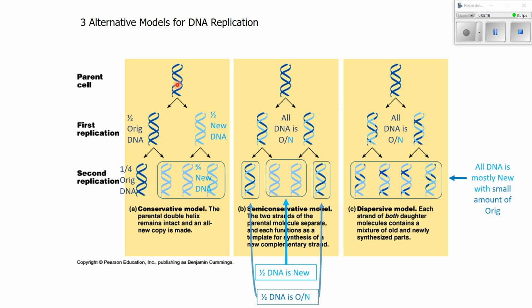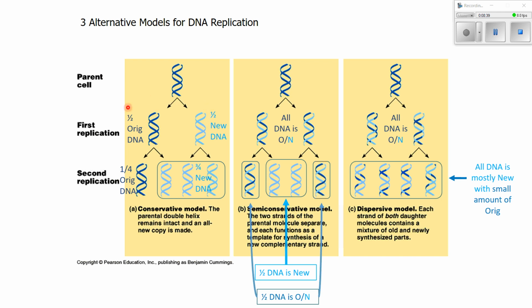So the conservative model, if it's correct, says that once you copy the DNA, you're going to have the old original double-stranded DNA that's still completely old DNA or original DNA, and then you're going to have this brand new copy that's 100% completely new DNA.